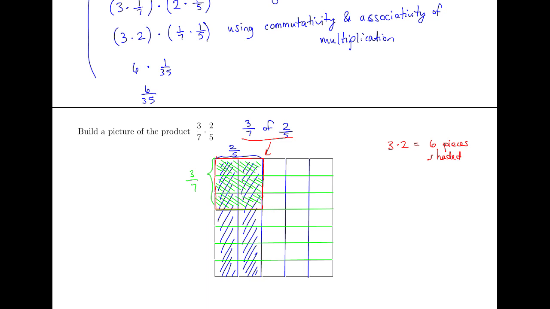But if this whole box is 1 unit, it is divided into 35 equal pieces. And I can tell it's 35 equal pieces without counting because it is 7 times 5, 35 pieces.